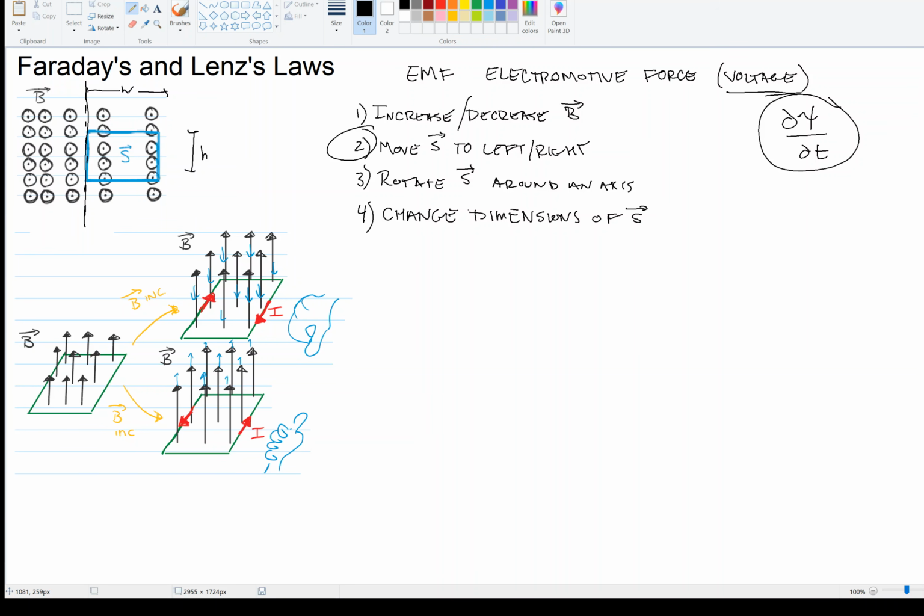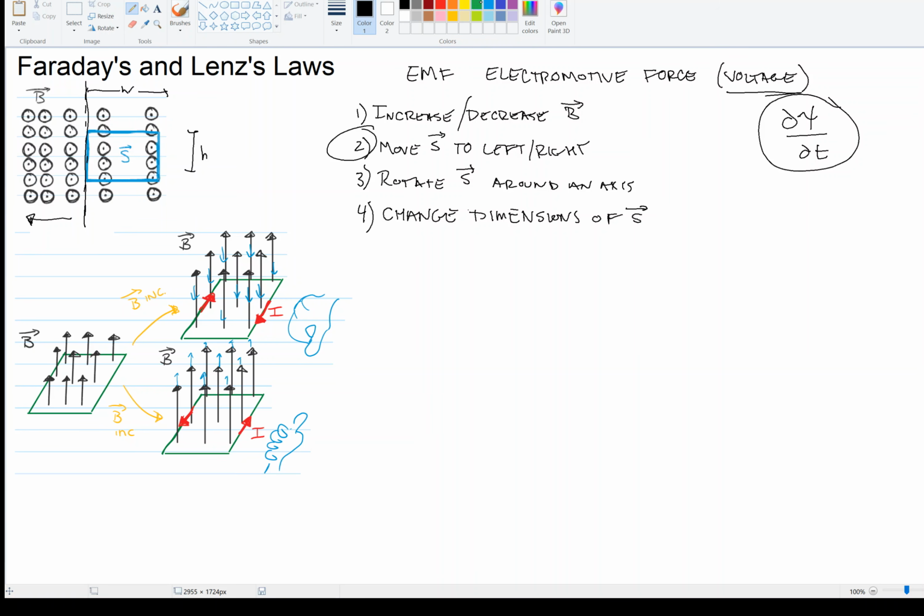So it turns out, and we'll have more to say about this in a little bit, the direction of the current is such that it counters the change with its own magnetic flux. Remember, a current in a loop creates a magnetic flux, or a magnetic field. So in this case, if we move the loop to the left, there's an increase in magnetic flux out of the page.